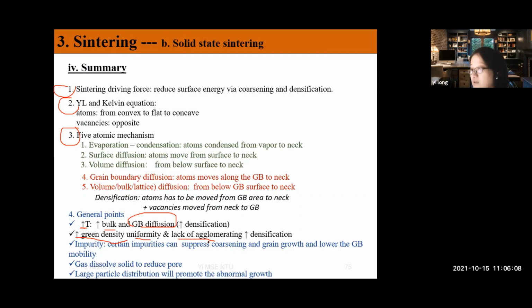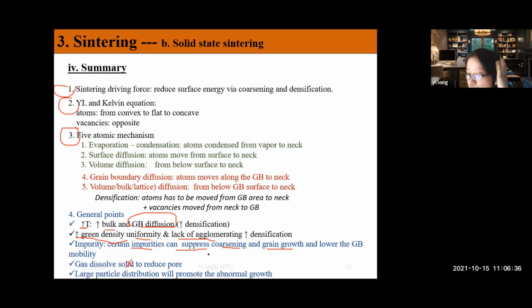No matter what, if you want to densify things later, make sure you're starting with things more dense, more uniform, and no agglomerations. And certain impurities can suppress coarsening and grain growth and lower the grain boundary mobilities. So you have foreign atoms that just sit at the grain boundaries and make it more difficult to merge into one. And then this one is not needed.